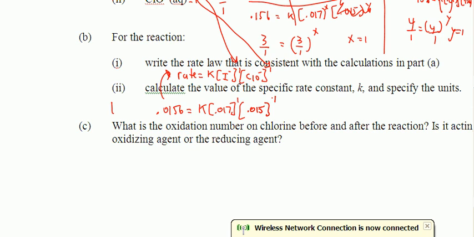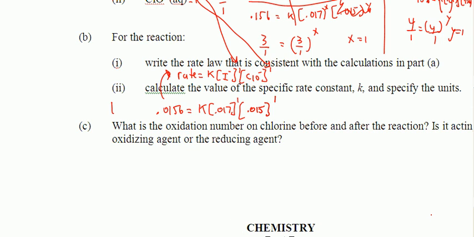So let's do that out together. 0.017 times 0.015 equals 2.55 times 10 to the negative 4. So 0.156 divided by 2.55 times 10 to the negative 4 equals, k is 61. It's actually 61. And you can say 61.2 if you like.